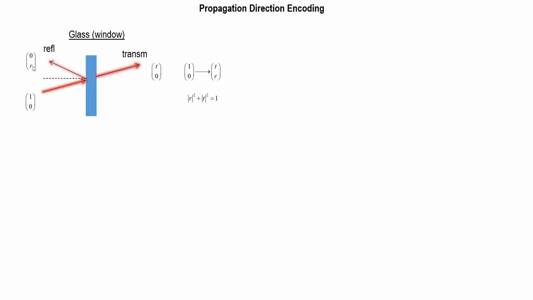And part of it reflects, which is described by this small r, which stands for the reflection coefficient. The resulting state of a photon after the interaction with the window is (T, r), so there is a finite probability, or better said, amplitude of the probability, to pass through, and amplitude r to be reflected from the surface.